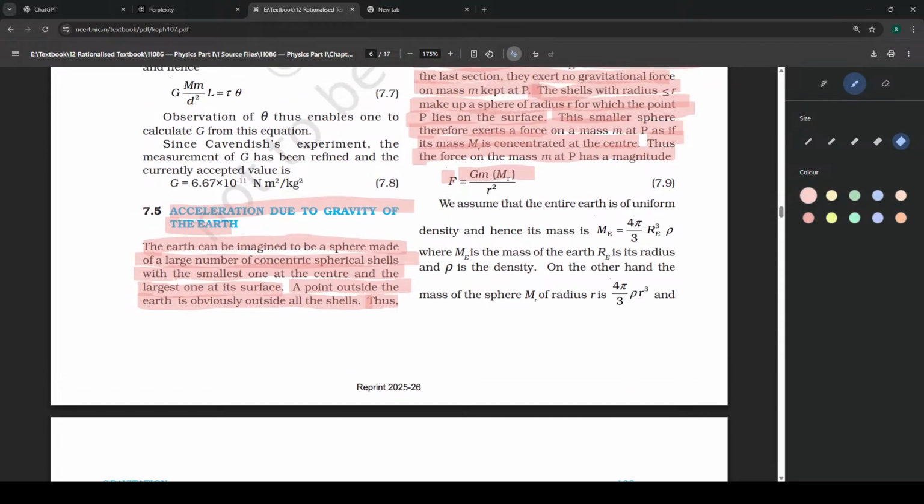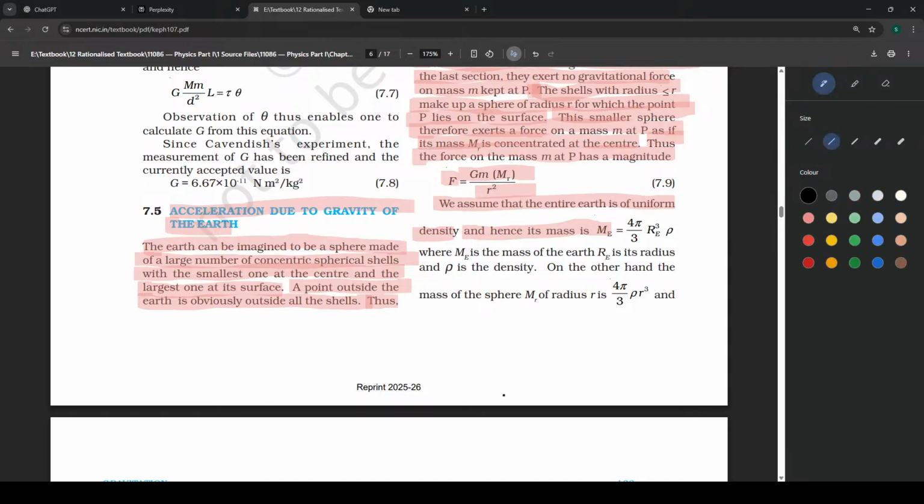And the force is given by the basic gravitational force formula. We assume that the entire Earth is of uniform density. That is obviously not true, but we assume it for easier calculation at our level. Hence its mass Me, the mass of Earth, is equal to 4 pi by 3 Re cube rho.